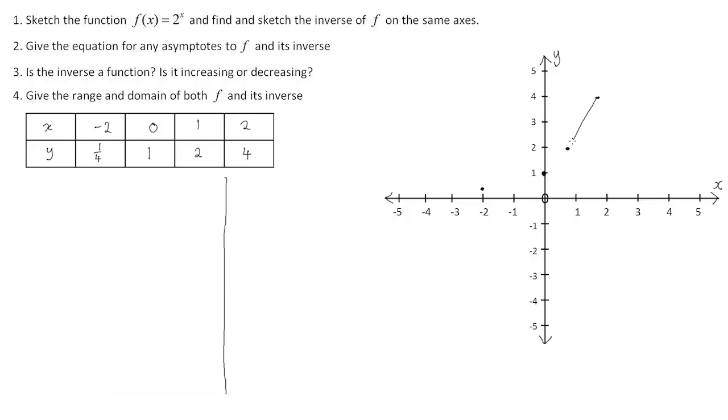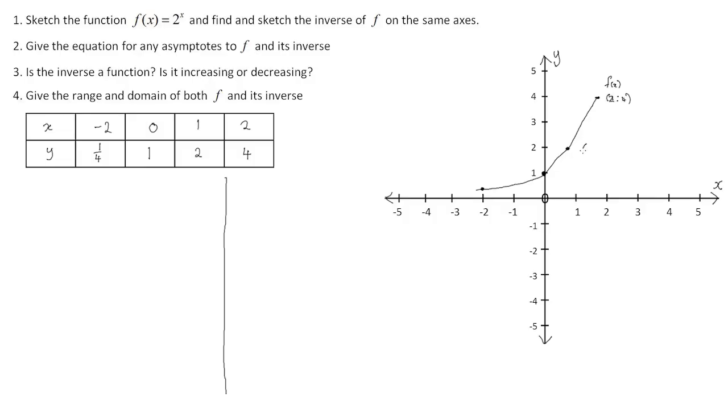Okay, so let's just join that right over there. So this will be f of x. This is 1 and 4. This will be, sorry, this is 2.